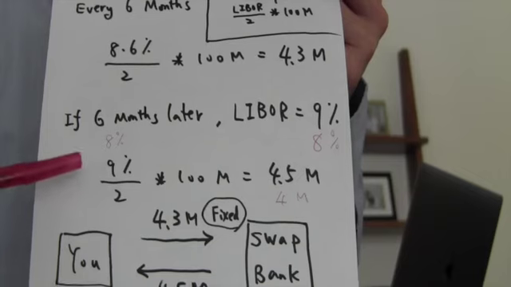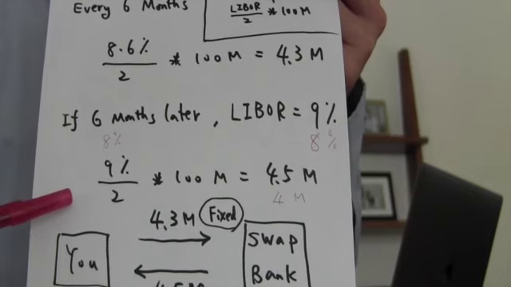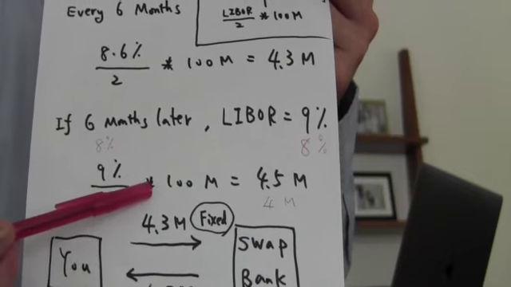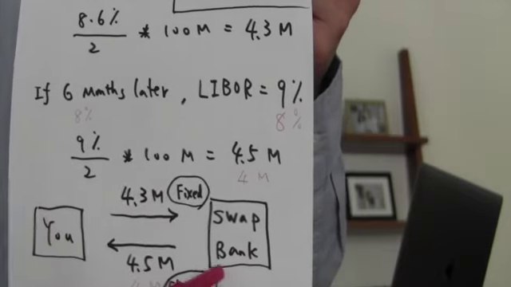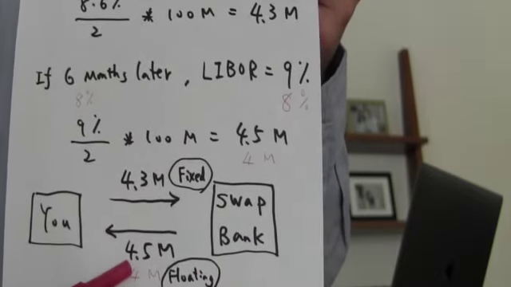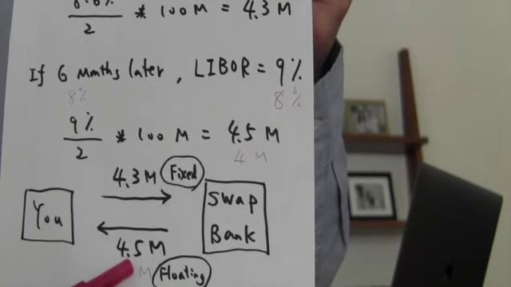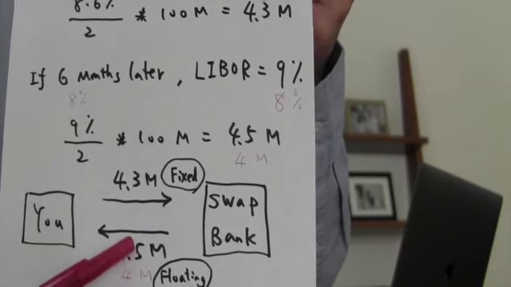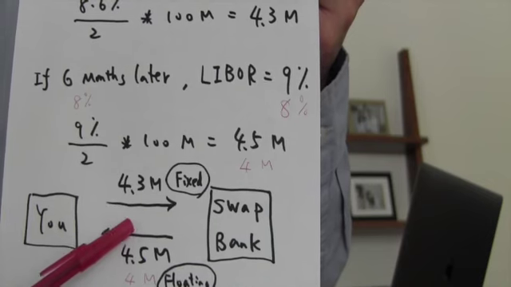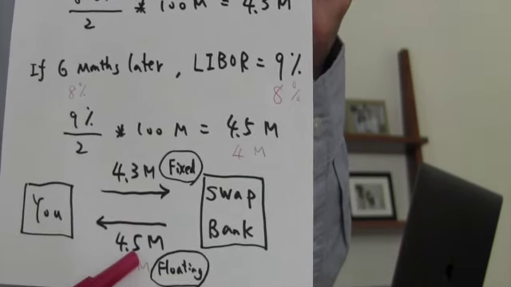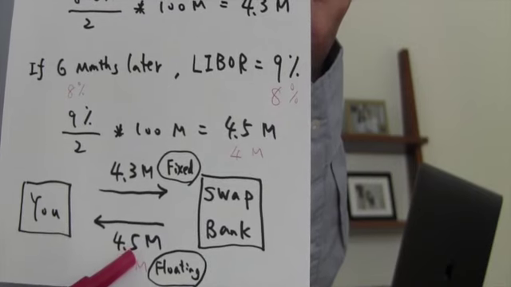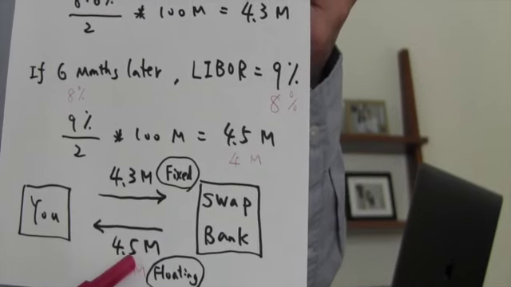It would be 9% divided by 2 times $100 million, so 4.5%, which is $4.5 million that you are going to receive. So you pay $4.3 million to the swap bank, and you receive a $4.5 million interest payment based on 6-month LIBOR from the swap bank.